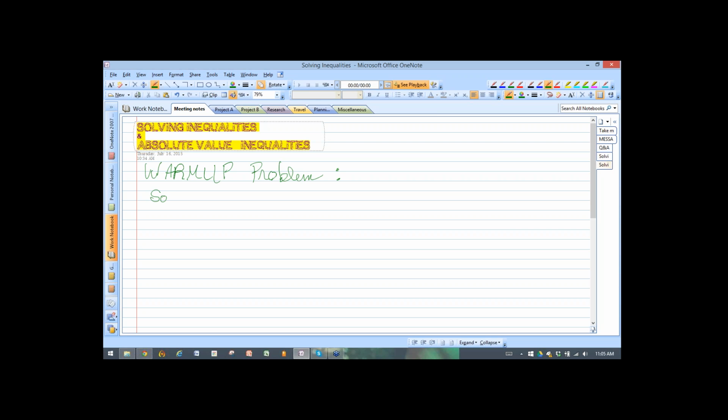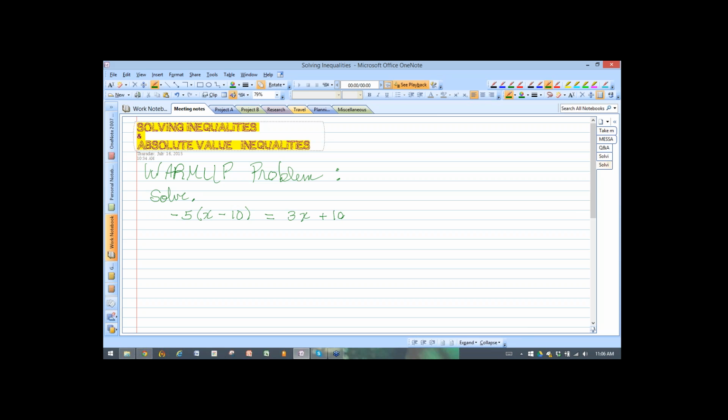So my directions will read solve the equation, or just solve. That's fine too. And I want to put negative 5(x minus 10) is equal to 3x plus 1.